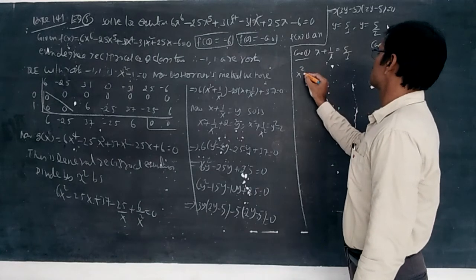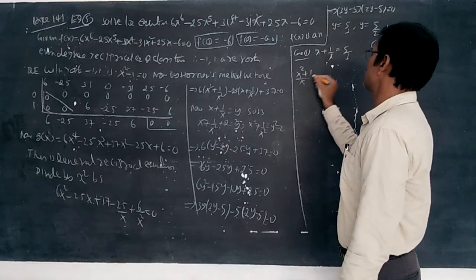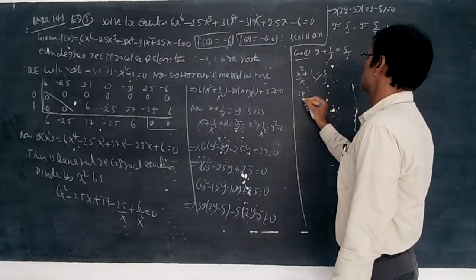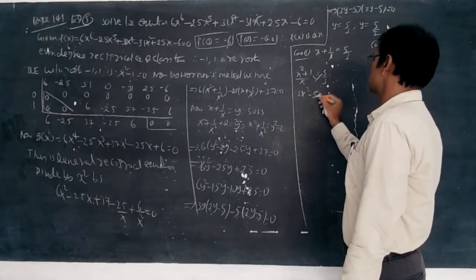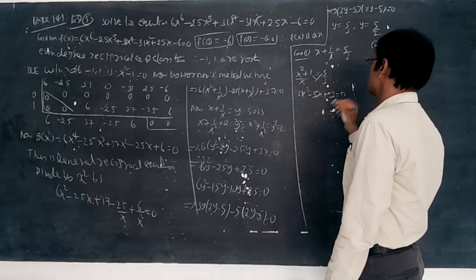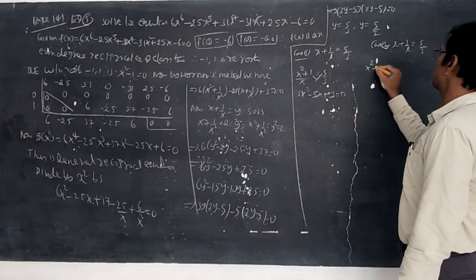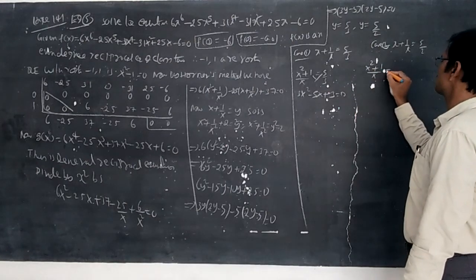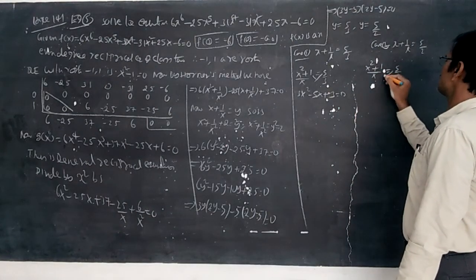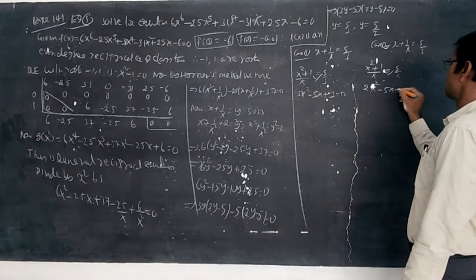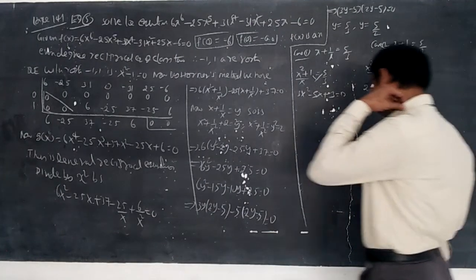So x square plus 1 whole by x is equal to 5 by 3, taking cross multiplication, 3x square minus 5x plus 3 equal to 0. Here x square plus 1 whole by x is equal to 5 by 2, taking cross multiplication, 2x square minus 5x plus 2 equal to 0.